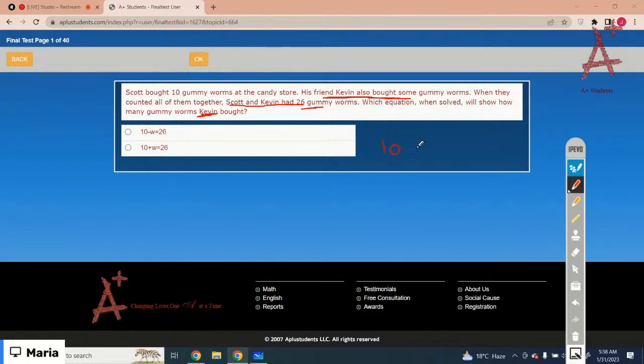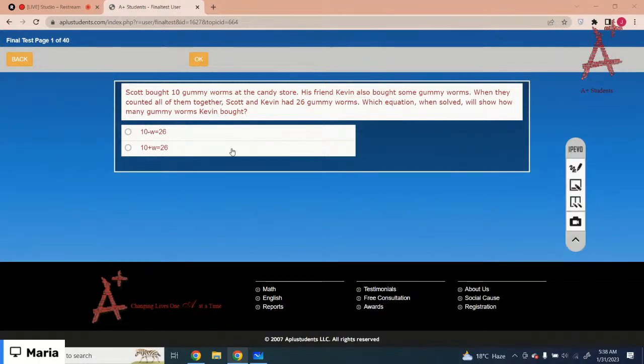You don't know how many worms Kevin had, but when you add them together, they make 26. So it would be option number 2: 10 plus W equals 26. Got it? Not hard, you just have to understand the statement carefully.